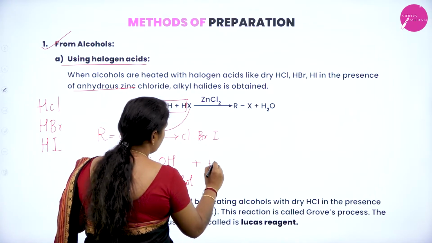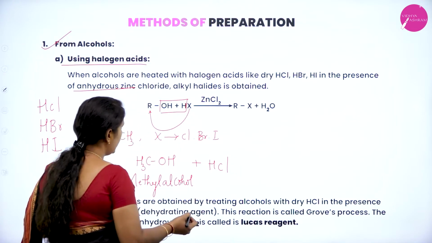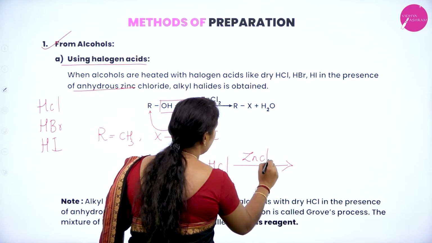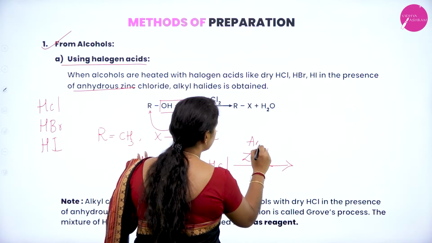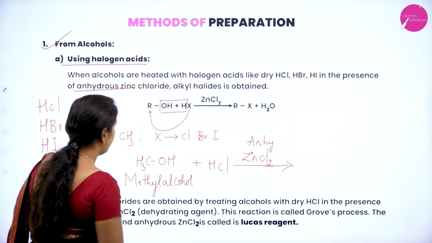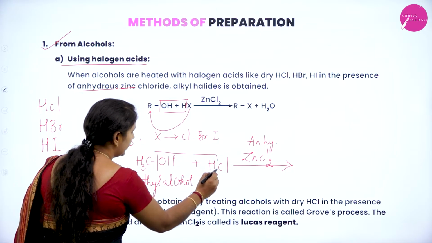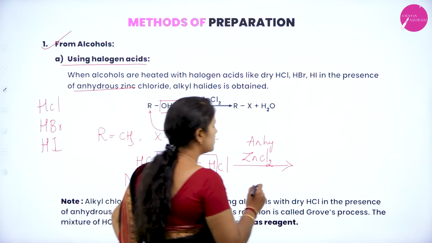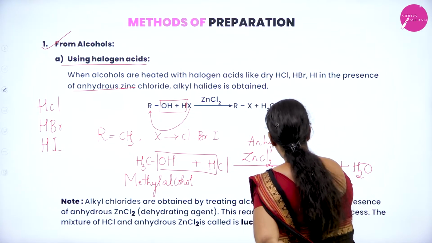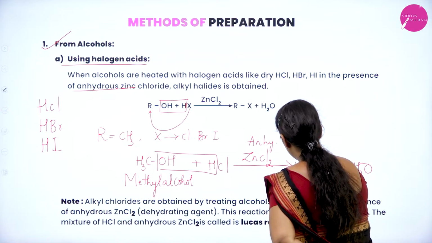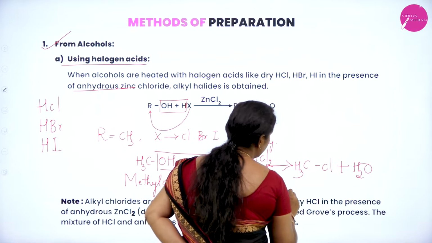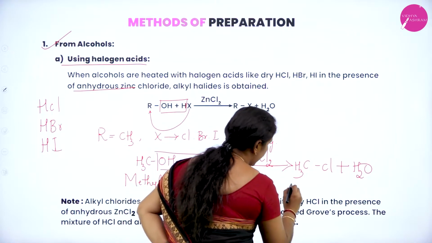Halogen acids. I'll go with HCl, in the presence of zinc chloride, and that too anhydrous zinc chloride. So what will happen? The OH and H will go out in the form of a water molecule, and the CH3 combines with the Cl to form what? Chloromethane.